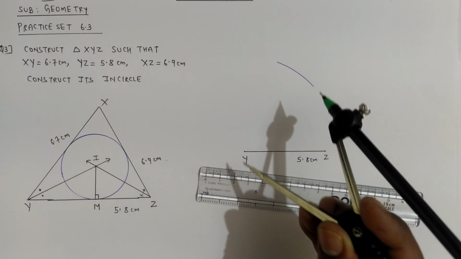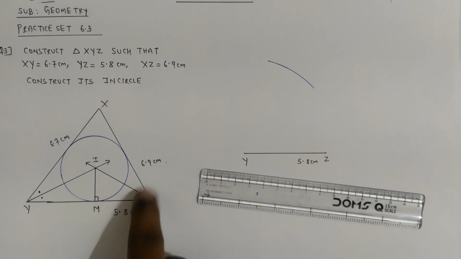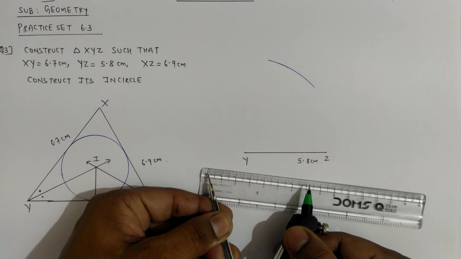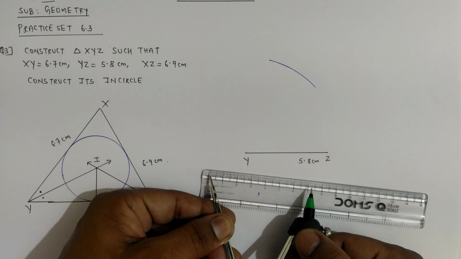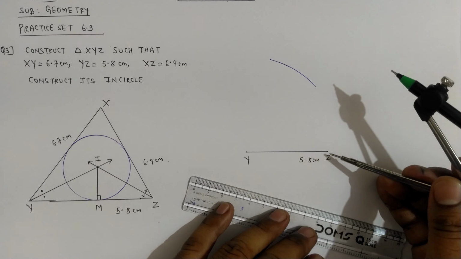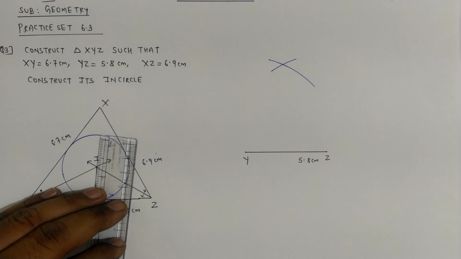And then XZ 6.9, okay? Now take distance of 6.9, okay? From Z, 6.9. See now, and we construct this triangle, okay?